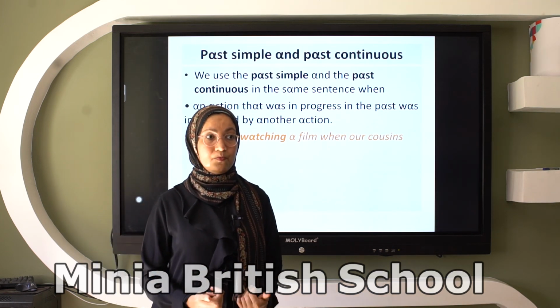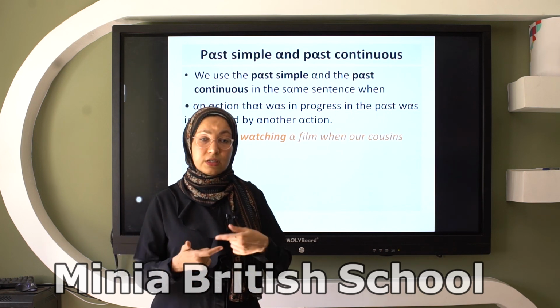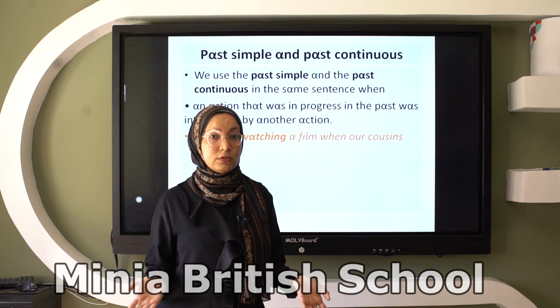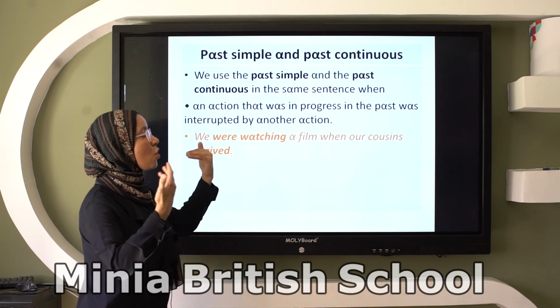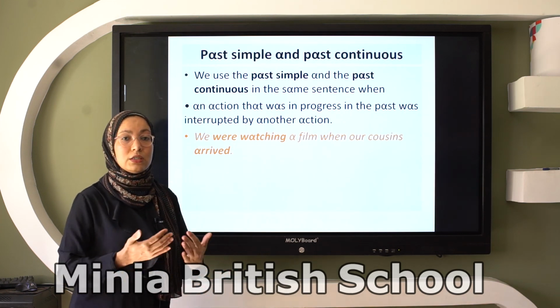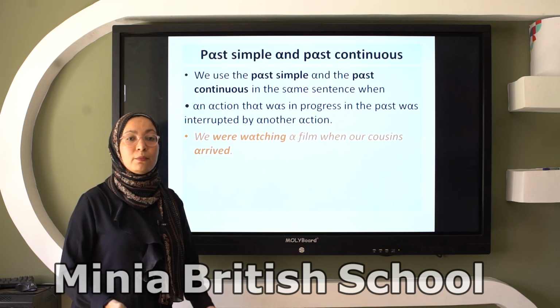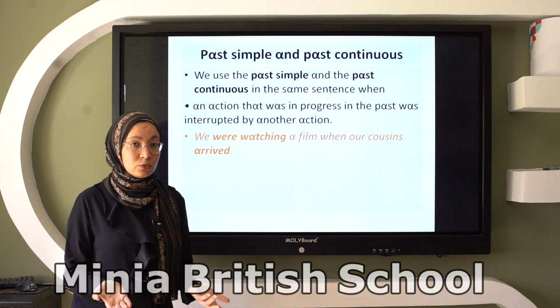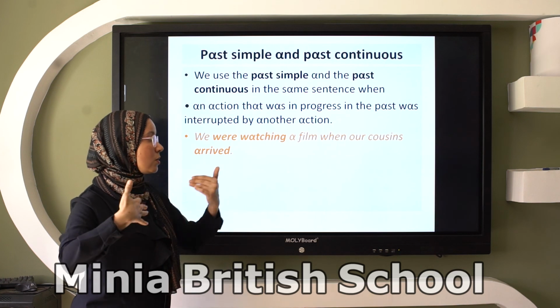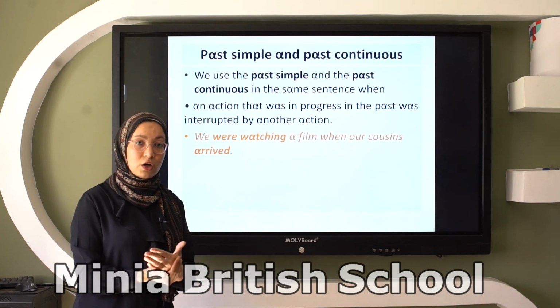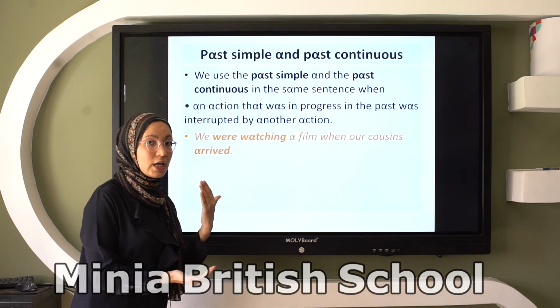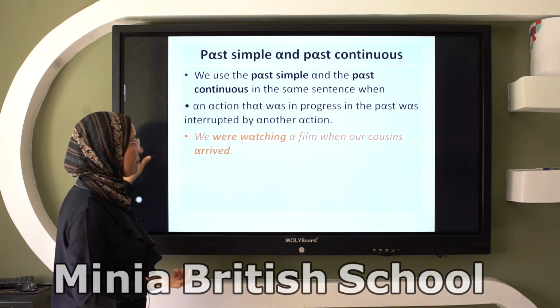Okay, so when our cousins arrived, is this a continuous action? Of course not. The continuous action here was what? We were watching a film, we were sitting, we were having popcorn and so on and watching the movie when our cousins cut our continuous action, interrupted it, and arrived.